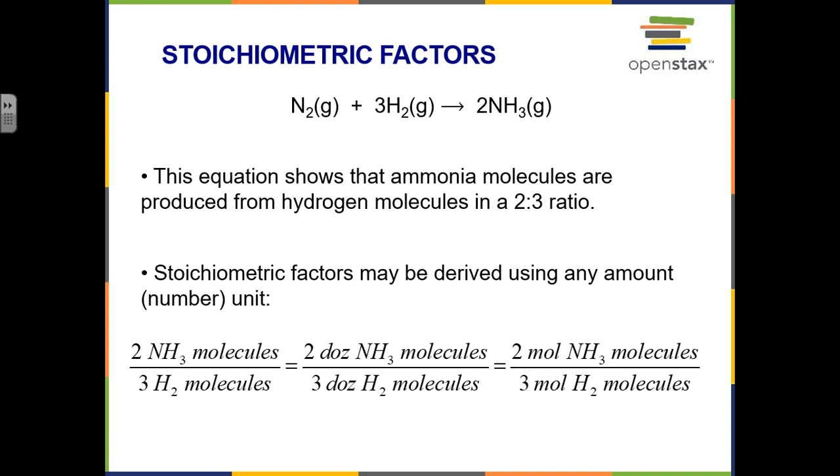We're looking at the reaction between nitrogen and hydrogen, and it yields ammonia gas. The equation shows that ammonia molecules are produced from hydrogen molecules in a 2-to-3 ratio. So for every 2 molecules of ammonia you're producing, you need 3 hydrogen molecules.